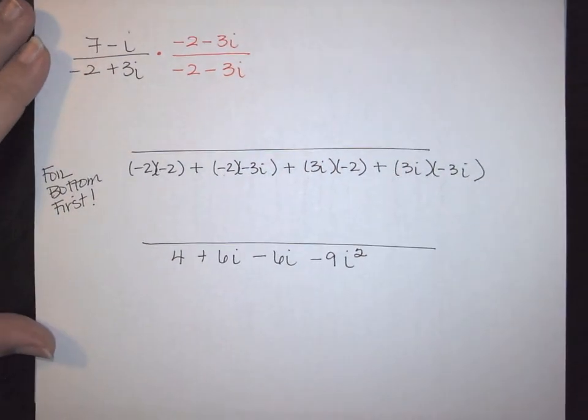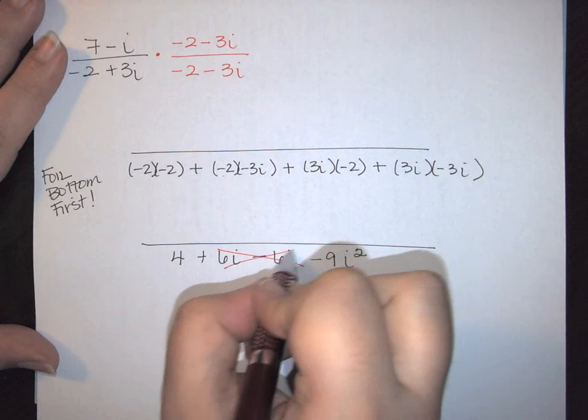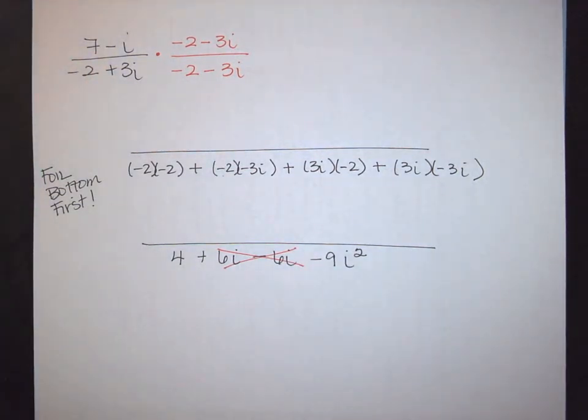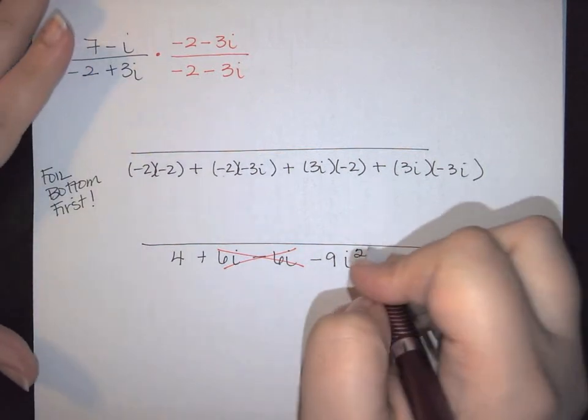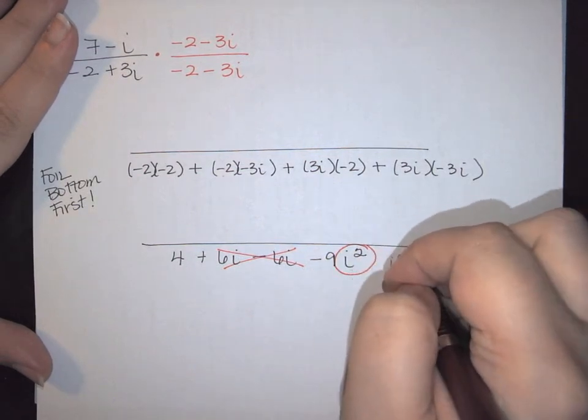If you look close at it, what you should see is that this middle term here, which is the piece that we care the most about, has totally canceled out. With the fact that it canceled out, this means that I have FOILed everything correctly. That being the case, I need to remember that i squared equals -1.